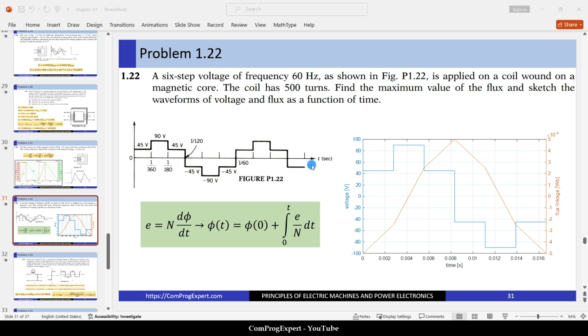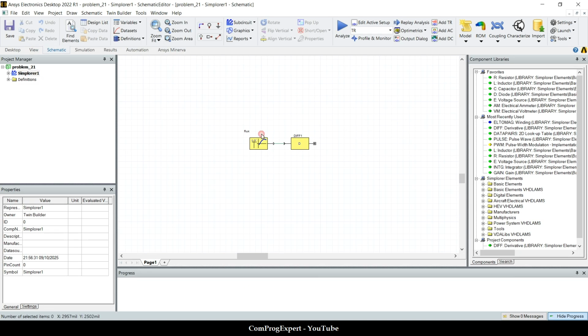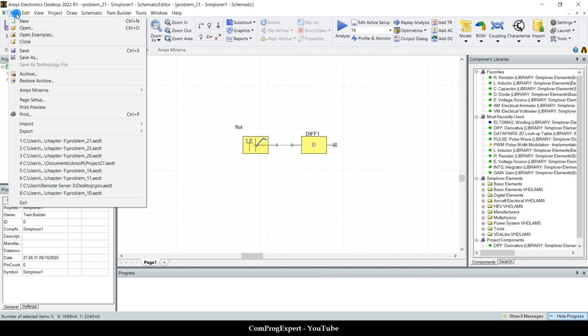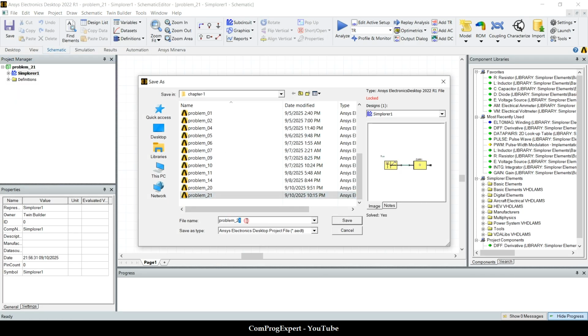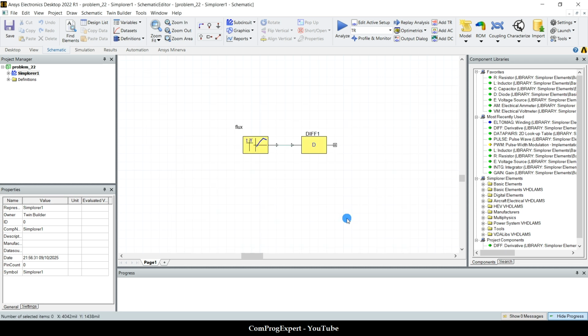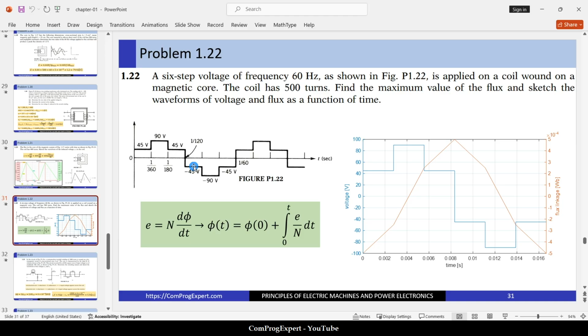Okay, so now let's solve this problem in the ANSYS Simplorer software and also in MATLAB. I will explain here. Let's save this project as problem 22. In this case, we need to use an integration block.